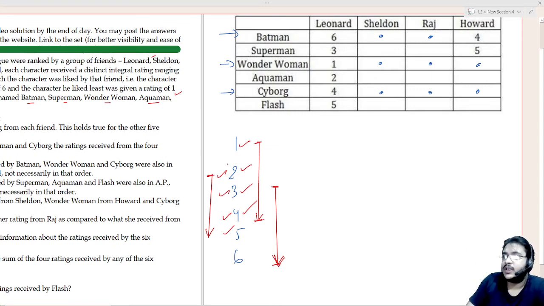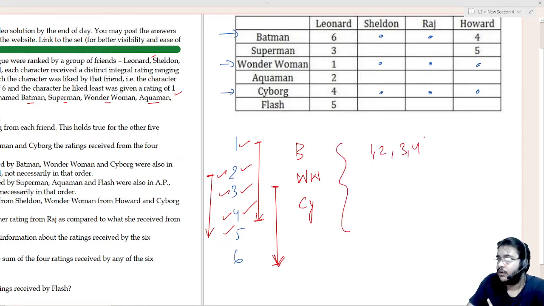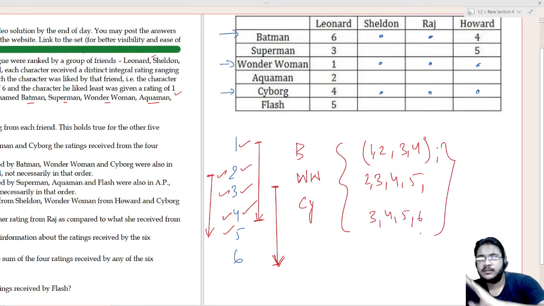Now effectively what I'm trying to say is that Batman, Wonder Woman and this Cyborg, they will be getting points either 1 2 3 4, or 2 3 4 5, or 3 4 5 6. So these are the 3 possibilities.